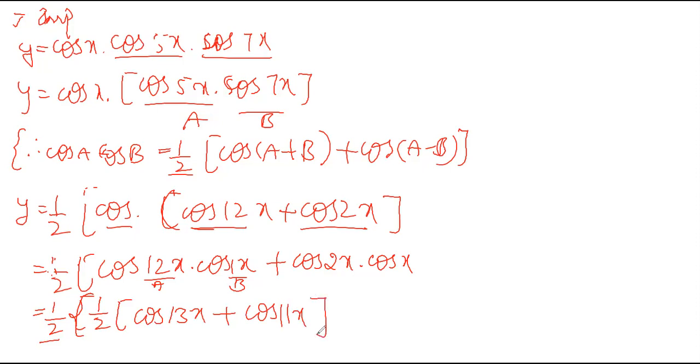That is cos A into cos B. Next, here also cos A into cos B. This is A, this is B. 2 plus 1 is 3, 2 minus 1 is 1. Then plus, right here 1 by 2 is there, applying the formula on both sides: 1 by 2 cos 3x plus cos x. Here 2 is there, here 1 is there. 2 plus 1 is 3, 2 minus 1 is 1.